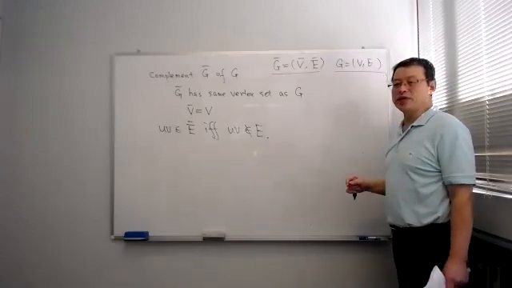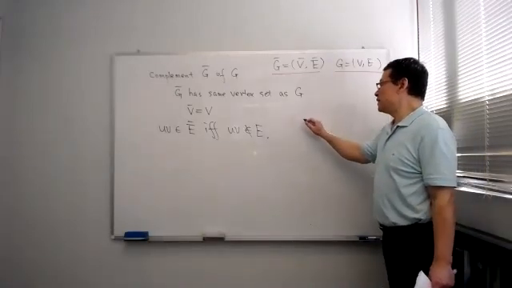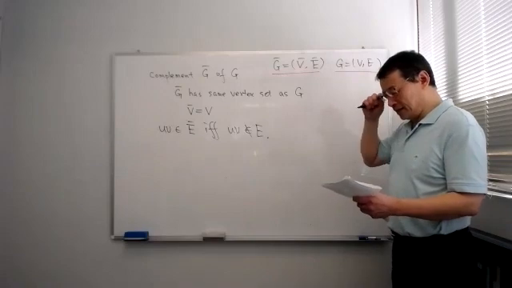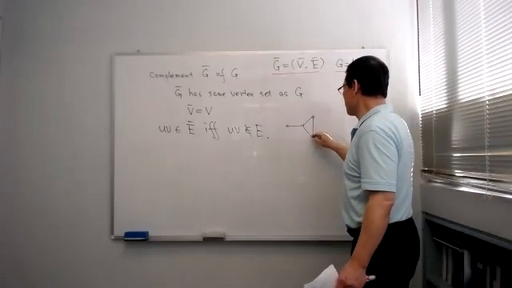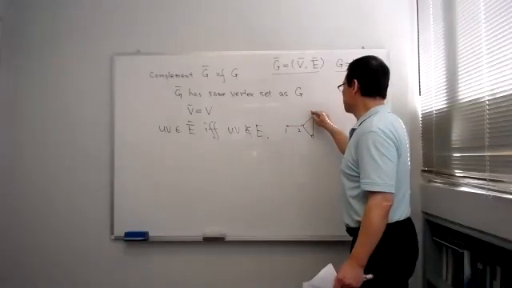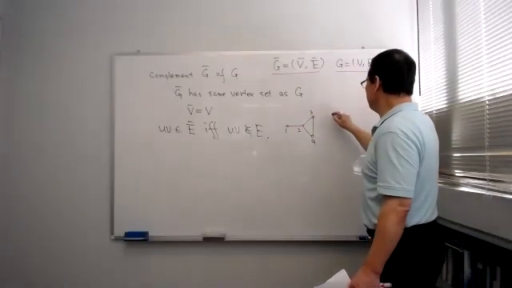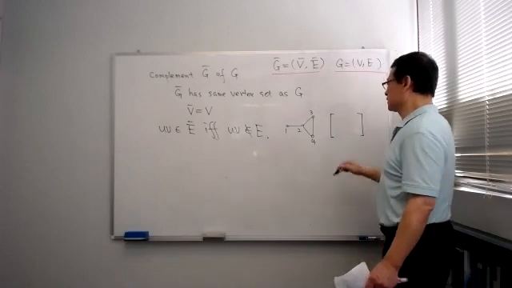So in terms of the adjacency matrix of the complementary graph, let's see this one again, with vertices 1, 2, 3, 4. Look at the adjacency matrix.